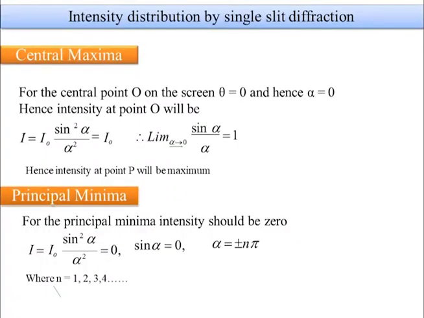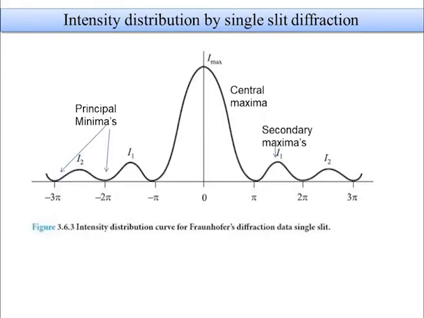Condition for minima. So the intensity for central maxima, principal minima, and I have already discussed the condition for principal maxima there. And we can discuss some of the problems, and while doing the problems things will be more clear to you. So again, you can see the intensity distribution due to a single slit diffraction.